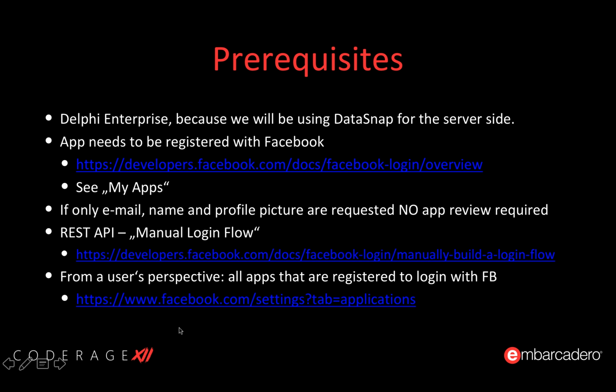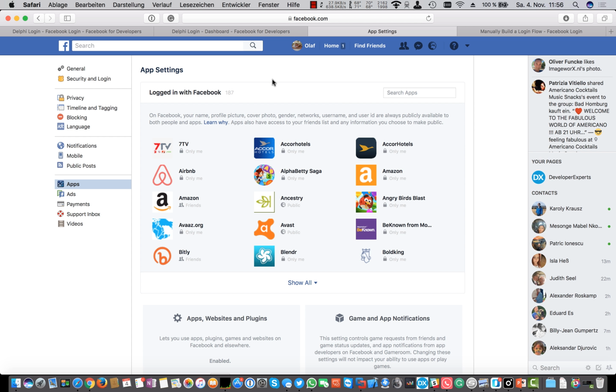And the last thing, which is more from a user's perspective, is the URL that you would look at to see what applications I actually allowed to log in through Facebook. This is the link to that page, and this is somewhere inside your regular Facebook account, and there is an apps section, and there you have logged in with Facebook.